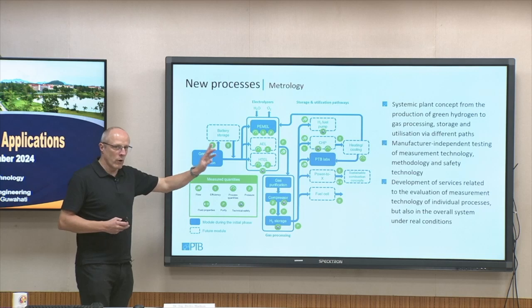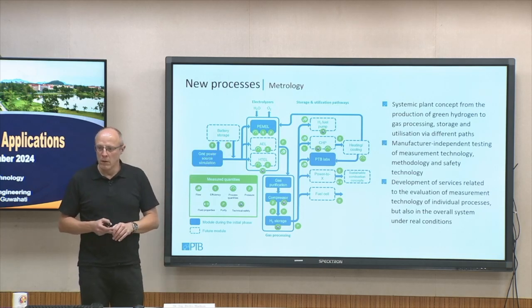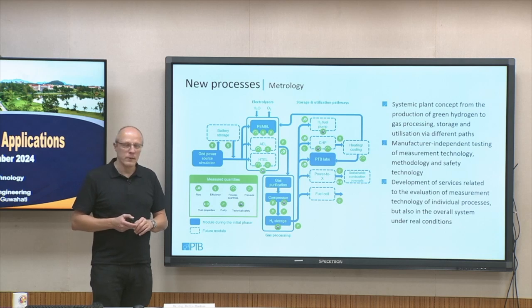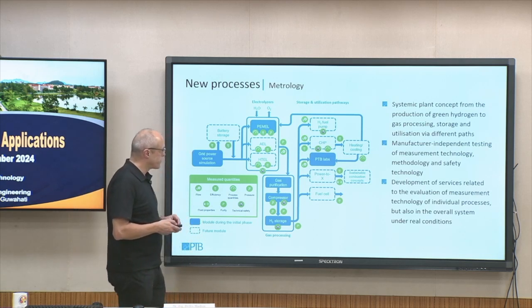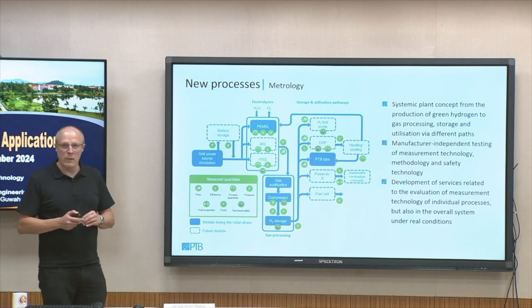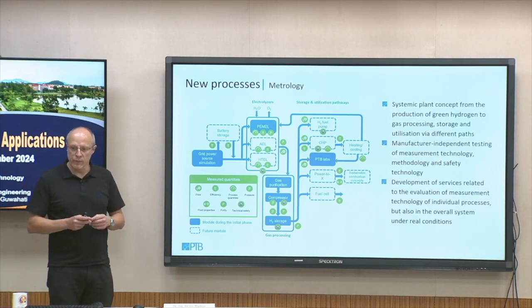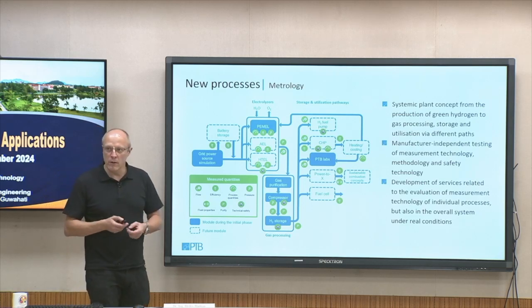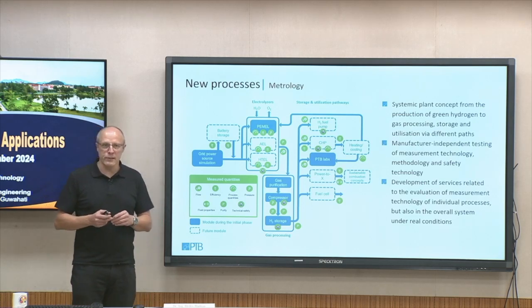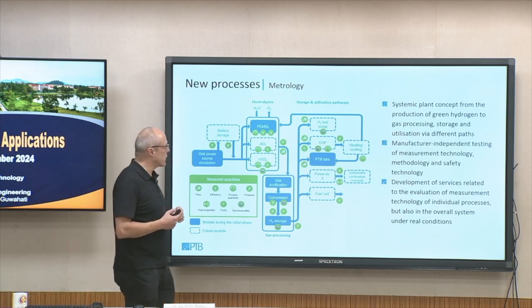And at all these different stages, we have to solve some fundamental problems. For example, flow measurement with very large volumetric flow of hydrogen: do we have proper measurement devices? Are they calibrated properly? This is one example.